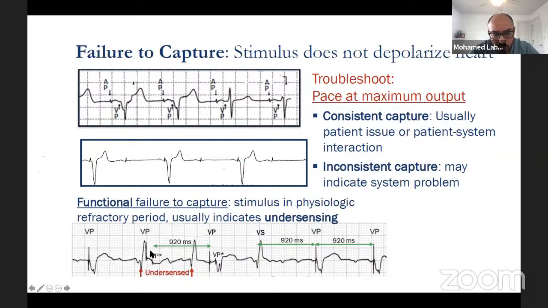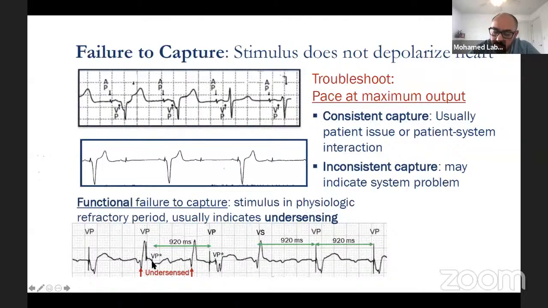You didn't induce VF, but the ventricle was refractory, so you didn't capture anything. Not only that, you didn't sense this one. So this one, another ventricular activity that was not sensed, but you paced the timing based on the last V pace, and you paced again. So this is a functional failure to capture.